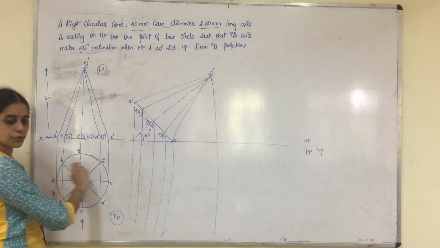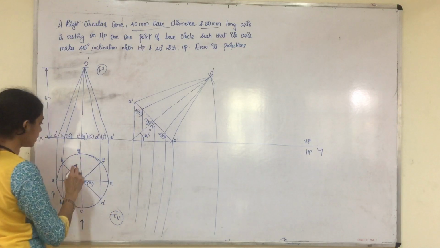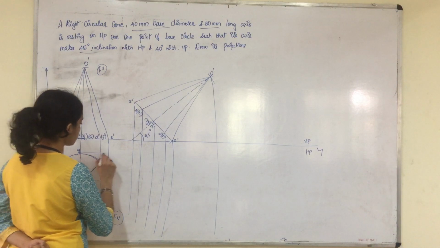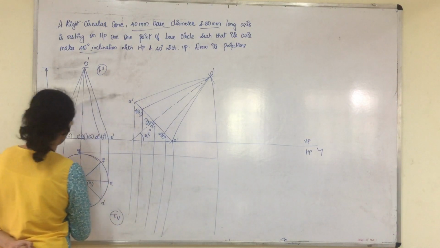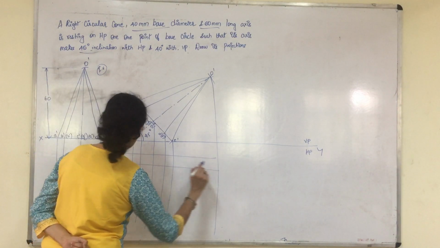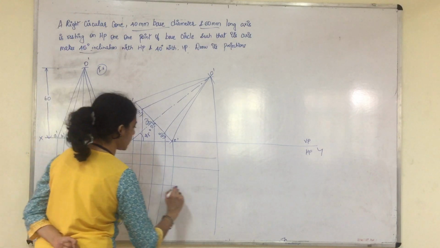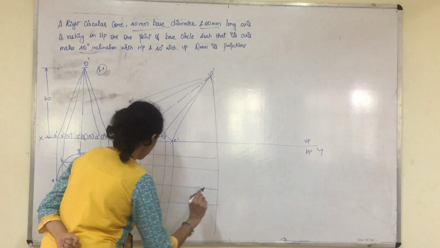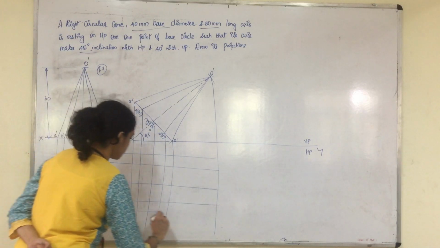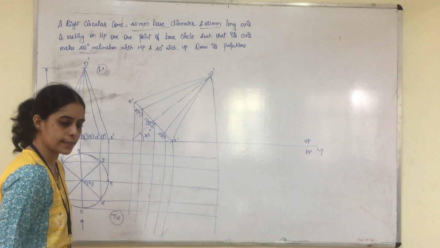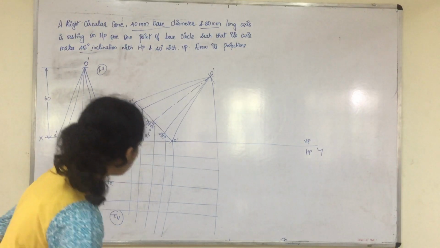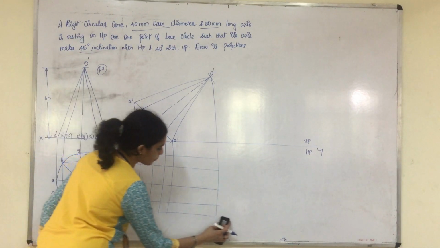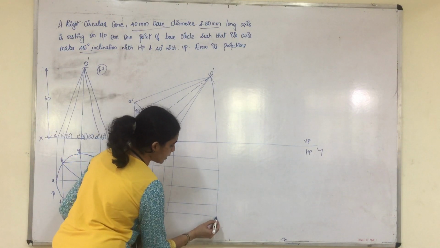After that we need to take the extension from the top view also, from each and every point. So you took the projection from G dash, projection from H and F, projection from A and E, projection from B and D, projection from C.